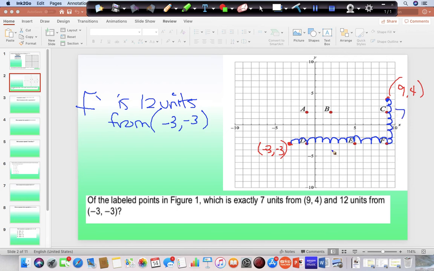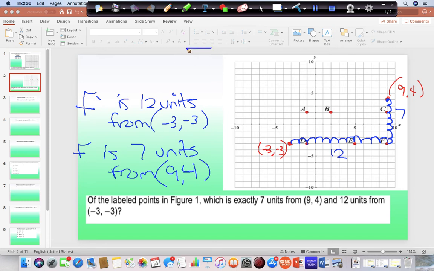Yes, it is 7 units from (9, -4) and 12 units from (-3, -3). Okay, so F is our answer here. Point F is located exactly 7 units from (9, -4) and 12 units from (-3, -3).